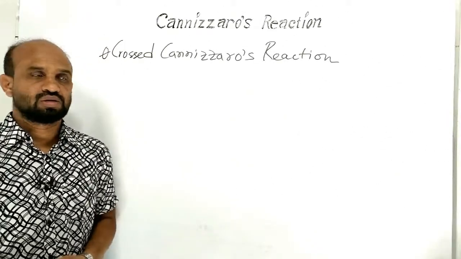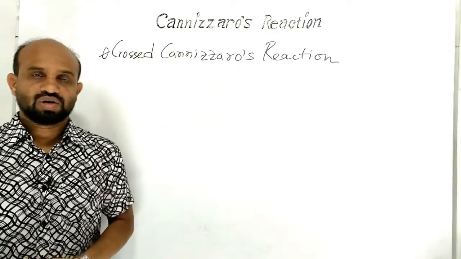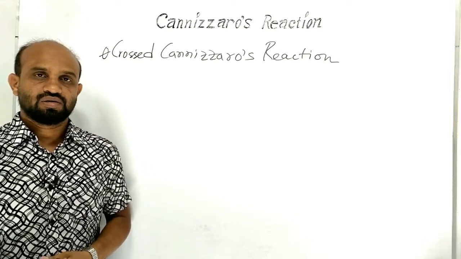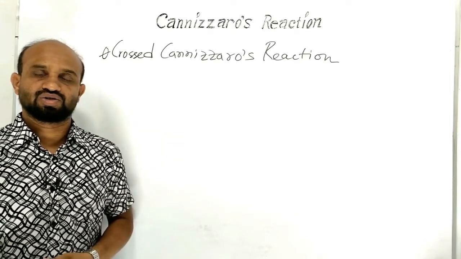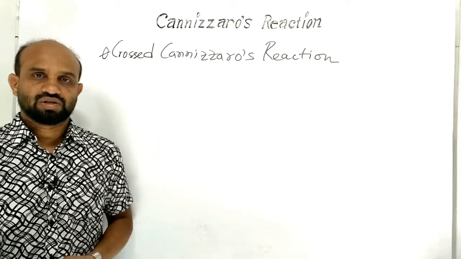Now the point is crossed Cannizzaro's reaction. When two kinds of aldehydes are taken, then the reaction occurred is known as crossed Cannizzaro's reaction. Let's see the reaction.